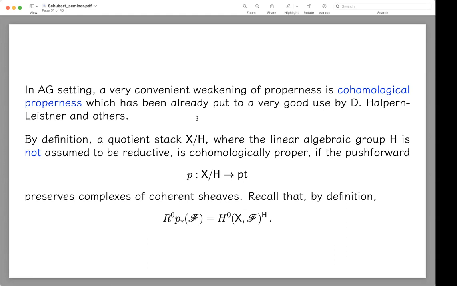This map from X mod H to the point is called cohomologically proper if it takes coherent sheaves to complexes of coherent sheaves, maybe finite complexes of coherent sheaves. That's what we can work with.